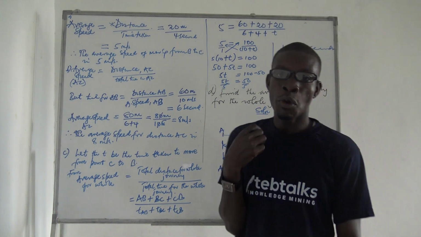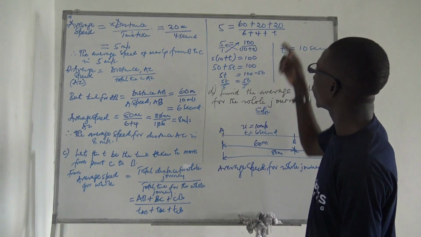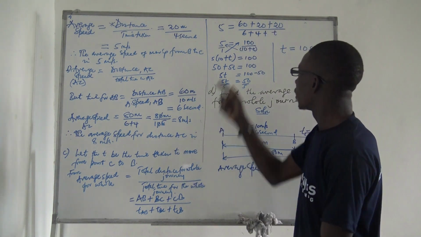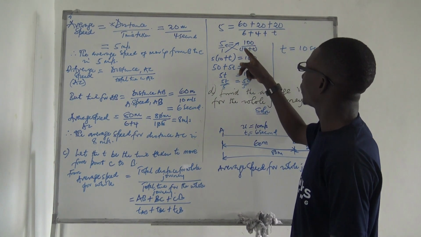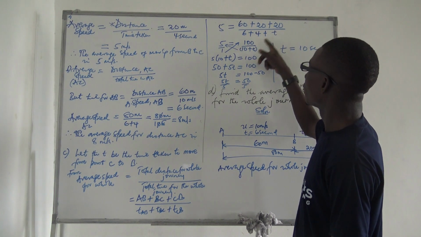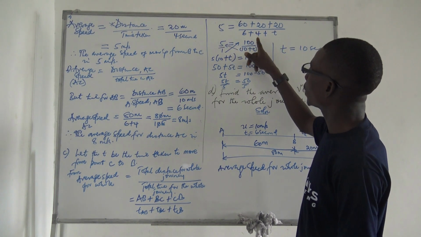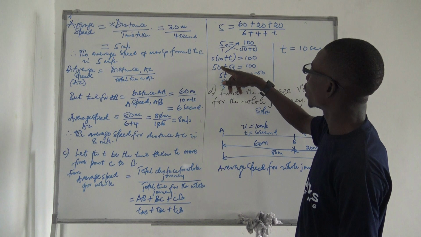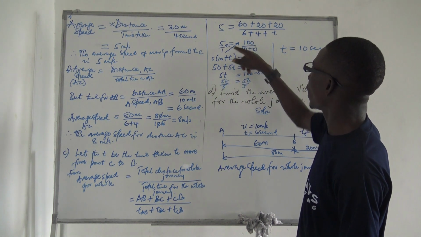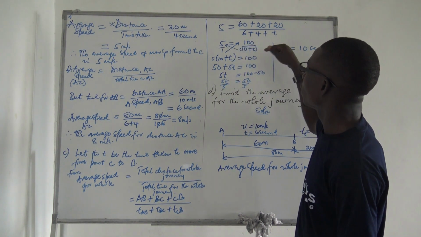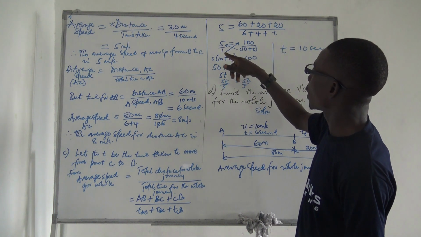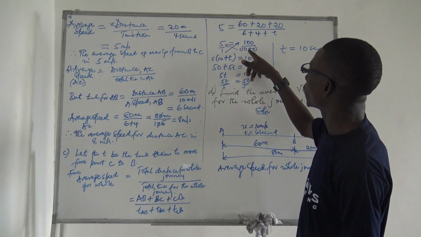Is that okay? If you have added very well, you're going to get 100. And then divide by 6 plus 4, that is 10 plus T. Is that okay? From here we cross multiply. We said this will be equaling to 10 times 1. Is that okay? That is, 100 times 1. That is 100. And then we say we shall also have 5 into this.